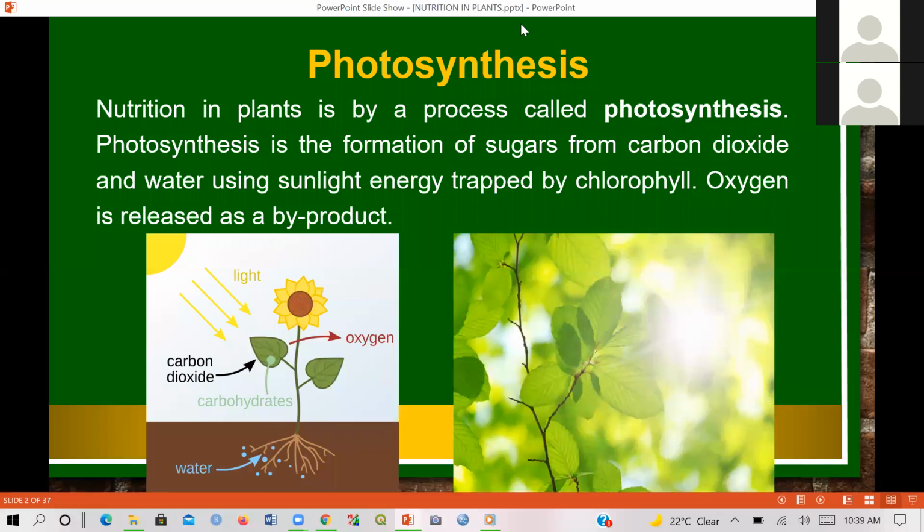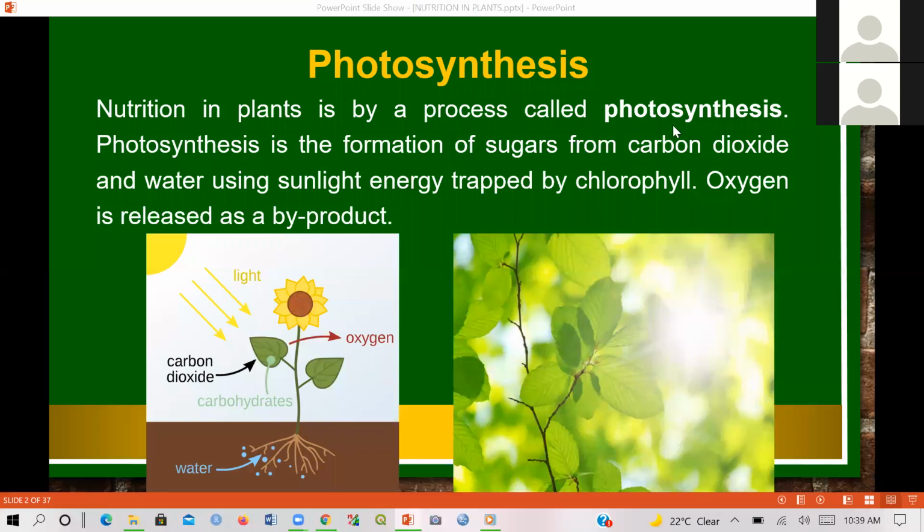The word photosynthesis has two words. It has the word photo, and it has the word synthesis.